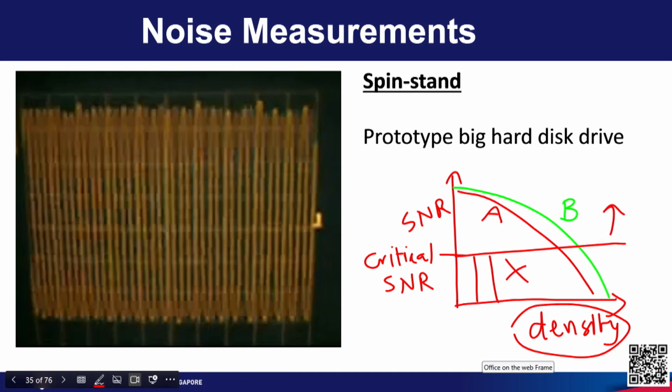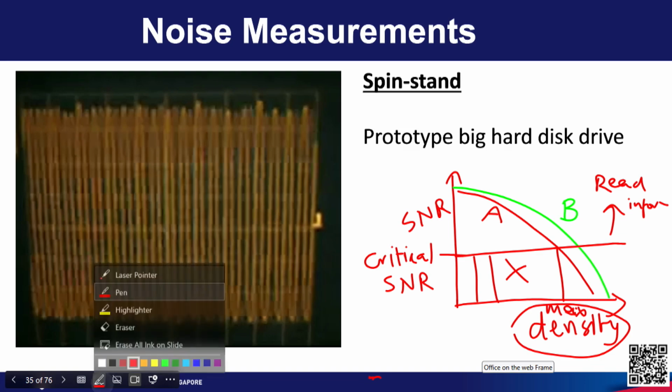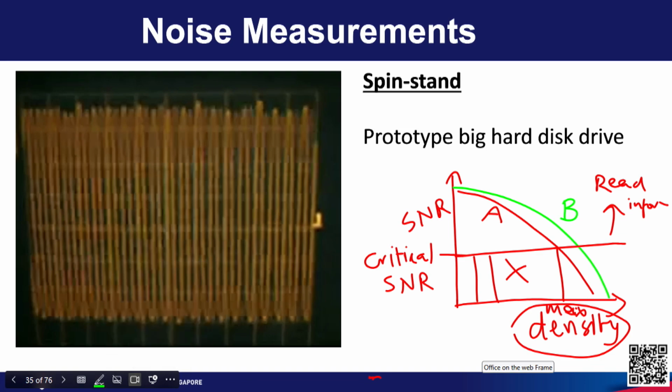Above this we can read information. So, I placed disk A and B, then I observed that in A, this is the maximum density I can use, whereas for disk B, this is the maximum density.